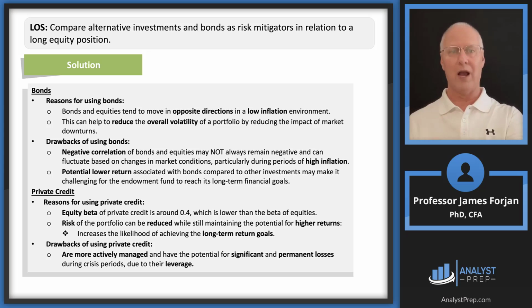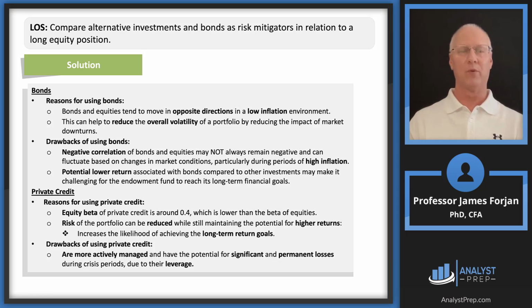So look for low or high inflation inside of the question stem. There's that sentence in there about reducing overall volatility. Yeah, negative correlation may not always remain negative. That's what I was saying earlier. How about private credit? Boy, look at equity beta of private credit is around 0.4. So, boy, add a 0.4 to your portfolio of, what did I say earlier, 1.2 or 1.6.